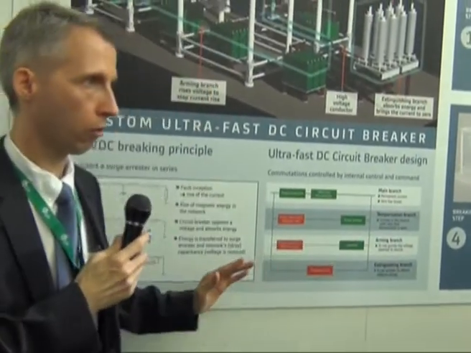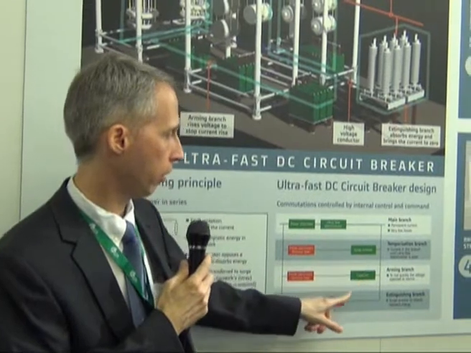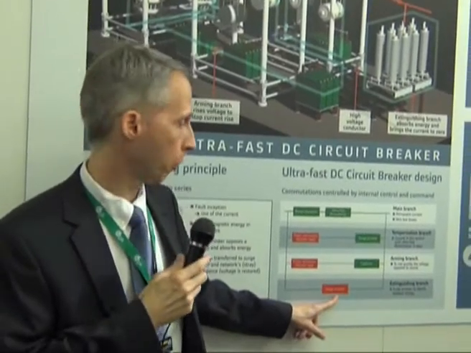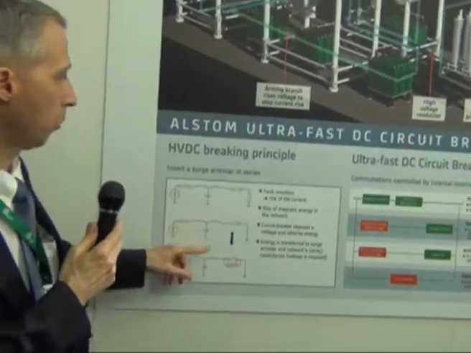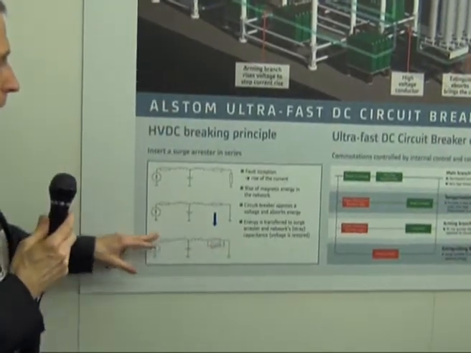So here the voltage rises very rapidly because the current is already at a high level. Once the voltage here is high, the whole current commutates into this surge resistor here, which has the function to absorb the energy from here. When the current is running here through this one, we have reached this point here.